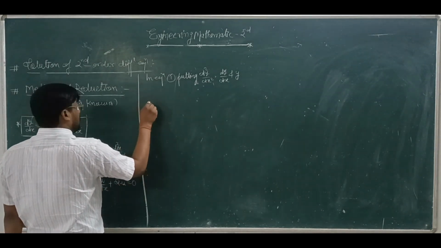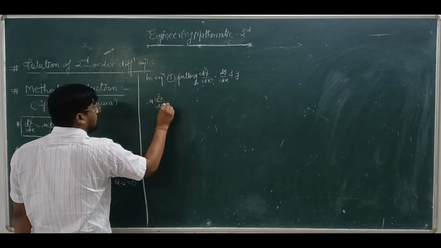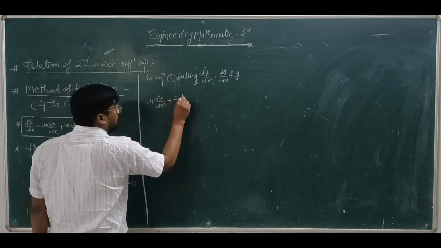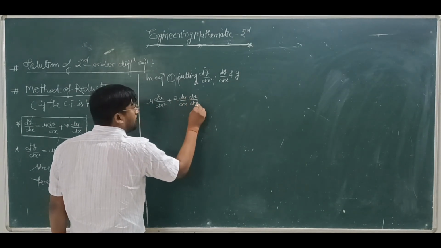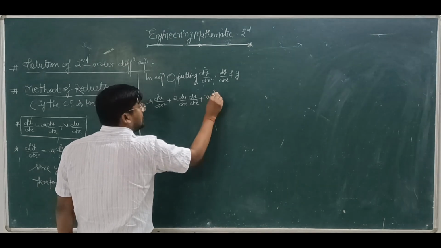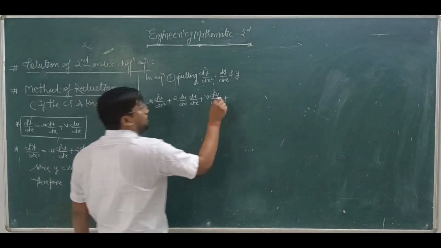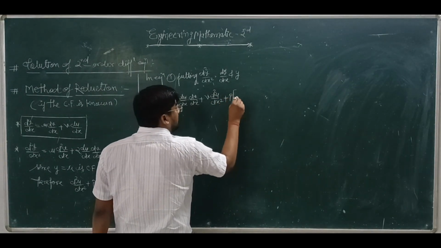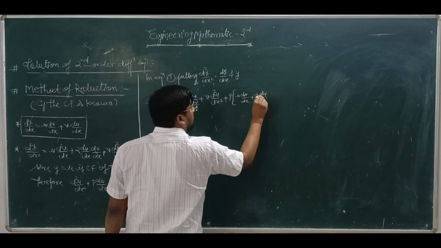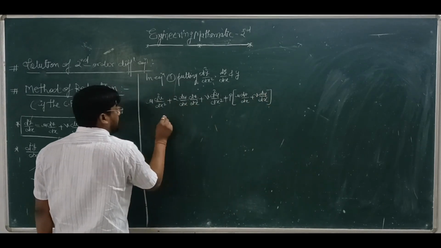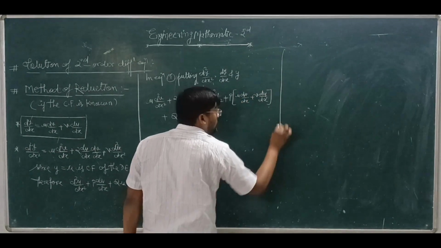You can write u d2v of dx2 plus 2 du of dx into dv of dx plus v d2u of dx2, plus you can write p bracket u dv of dx plus v du of dx, plus q into the value of y, it means uv.